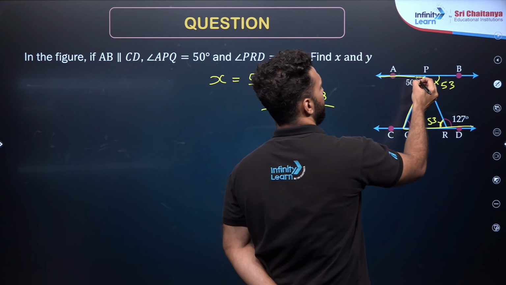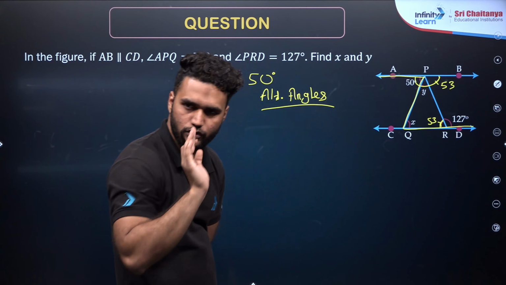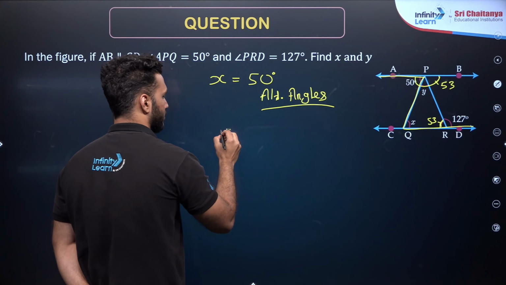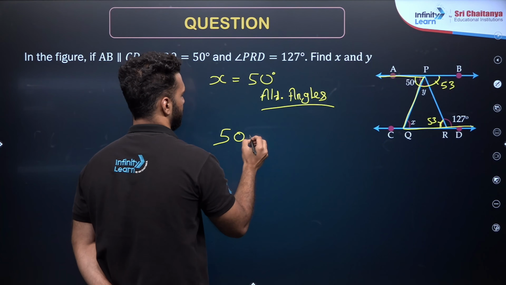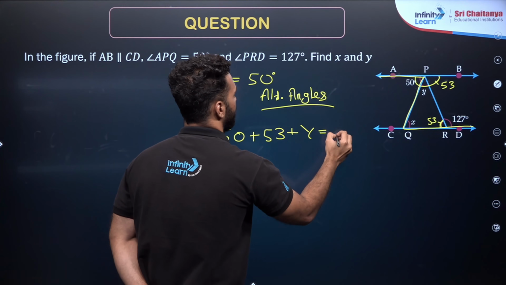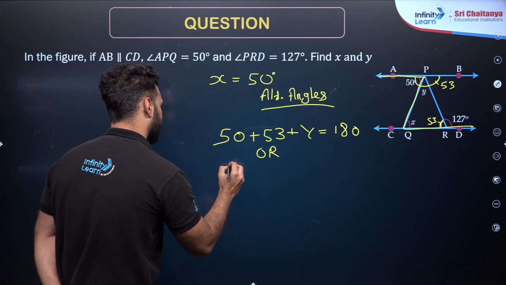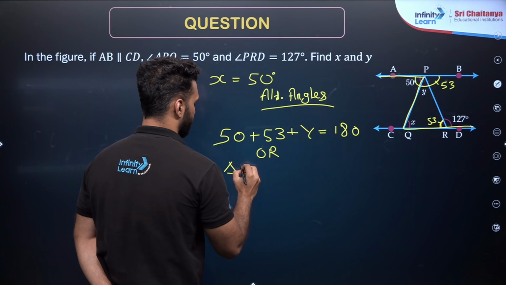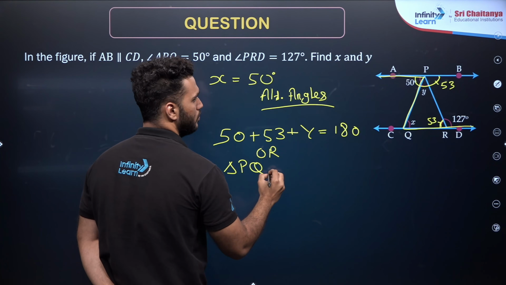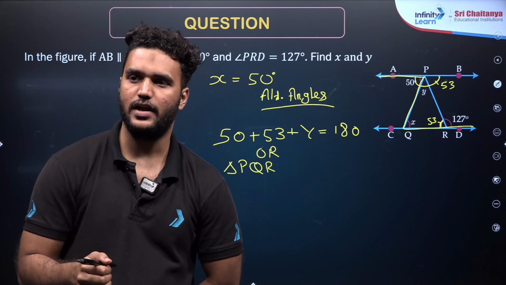Now, sir, you can do with a linear pair that 50 plus 53 plus y should be equal to 180. Or you can take triangle PQR and use the sum of all the interior angles of a triangle property.